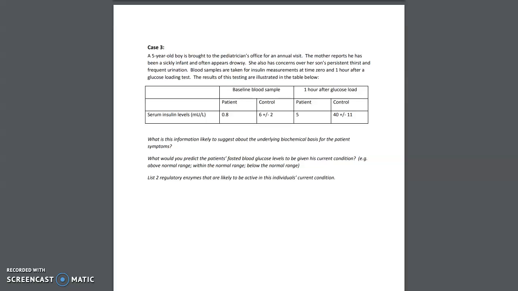These 2 enzymes, as they are present in the liver, which is able to transport glucose in even with insulin deficiency, will cause them both to be active in this patient.